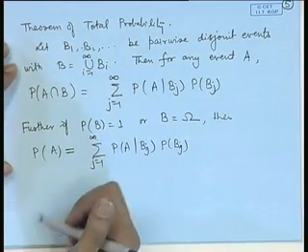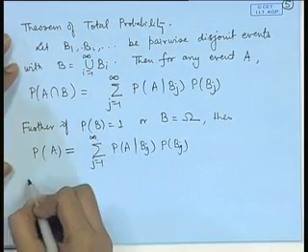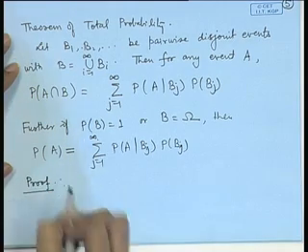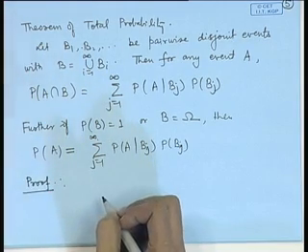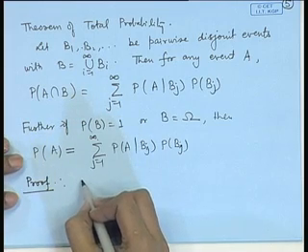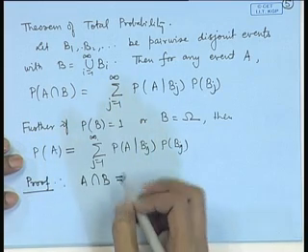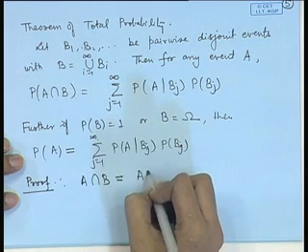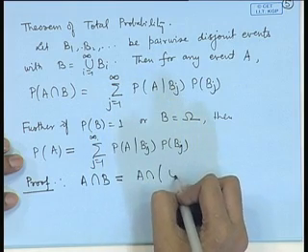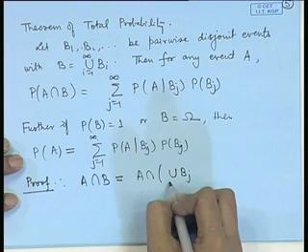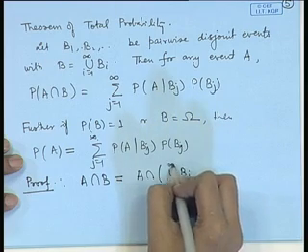We will look at some example here, but firstly let me give the proof of this. So, consider A intersection B. Now, A intersection B can be written as A intersection, and the representation for B is union of Bj, j equal to 1 to infinity.